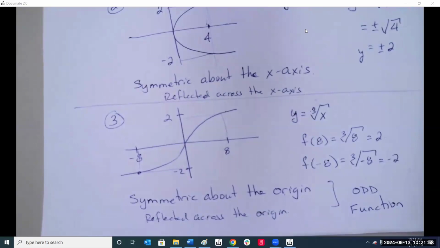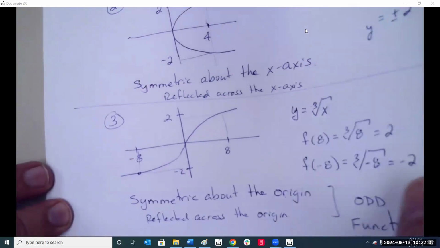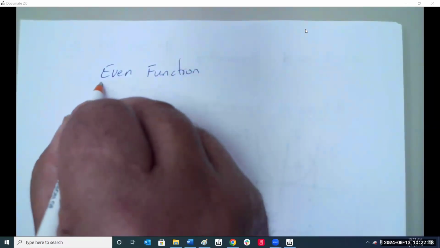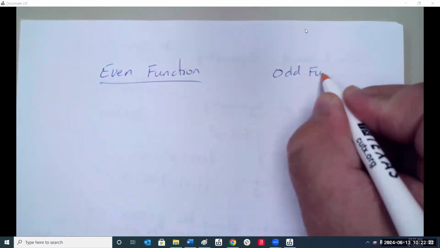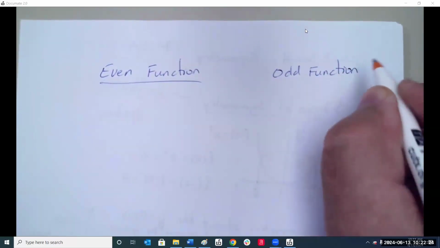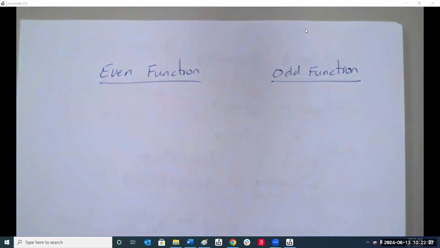So all we're doing here is we're checking different values of x. The same numbers, just positive and negative. So that's how we're going to be testing these things. Even functions or odd functions. If it's not even or odd, it's neither.